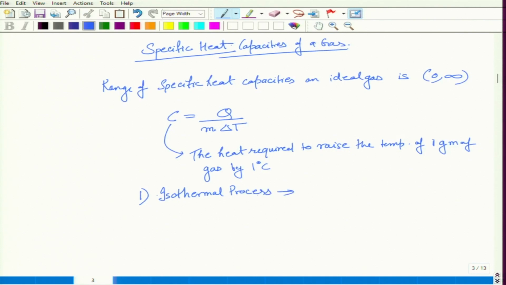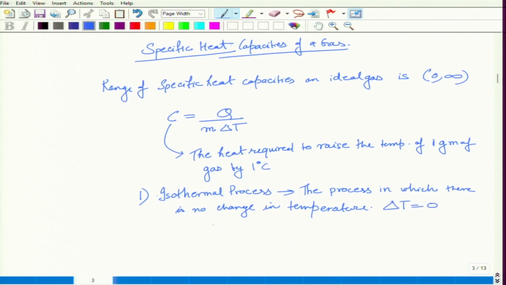An isothermal process is a process in which there is no change in temperature, that means delta T equals 0, and so for the isothermal process C is infinity. If you put delta T to be 0 in this equation, C is infinity.